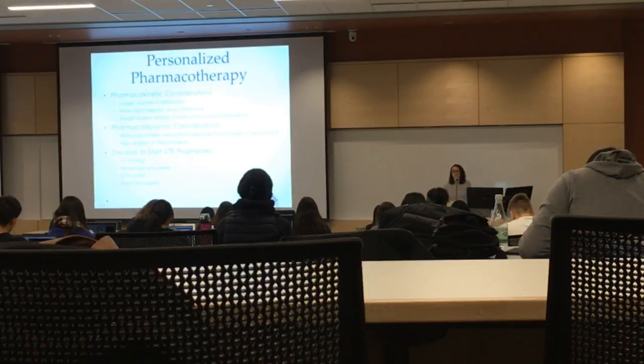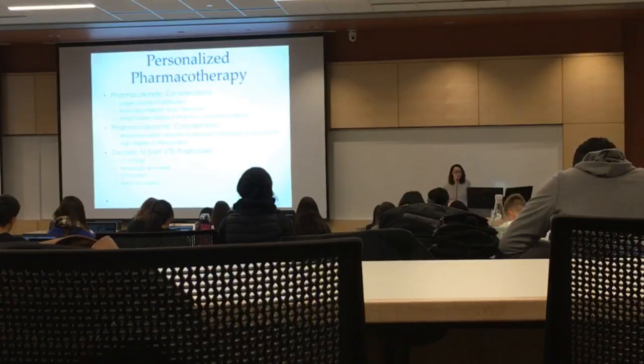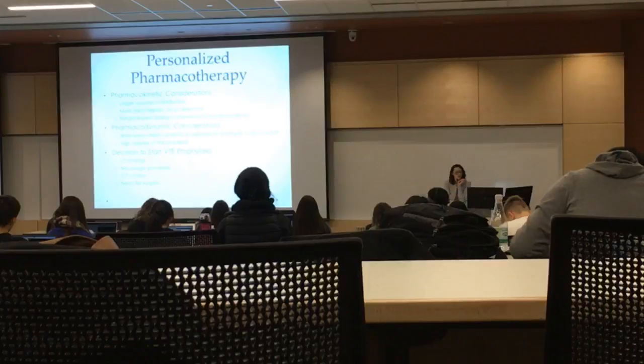In terms of personalizing pharmacotherapy, we know that there's a lot of changes in patients with TBI when it comes to pharmacokinetics and pharmacodynamics. So we see a much larger volume of distribution in these patients. We also see a much higher, faster clearance in the liver. And we also want to make sure that we're considering weight-based dosing at all times of our phenytoin and our phenobarbital.